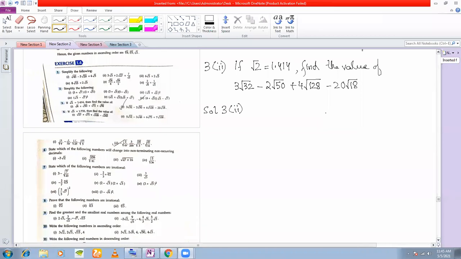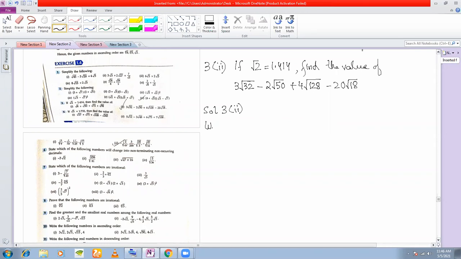Now, if you see, this expression consists of mixed surds, and all are mixed surds. But the point is that the number within the radical can further be prime factorized, right? The numbers within the radical, that is 32, 50, 128, 18, can all be prime factorized. So what I do here is I prime factorize each and every number within the radical.